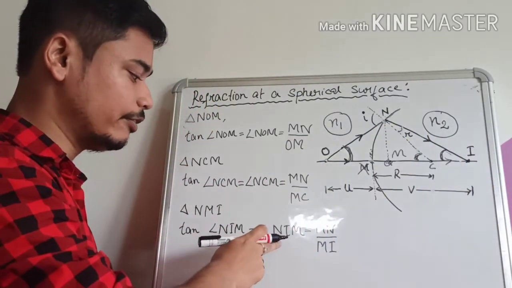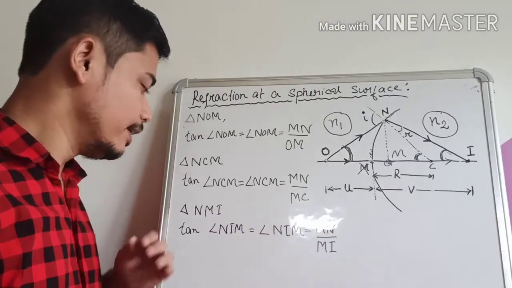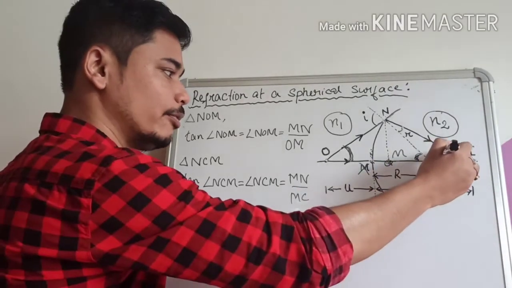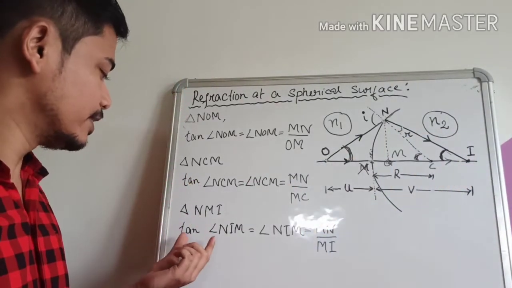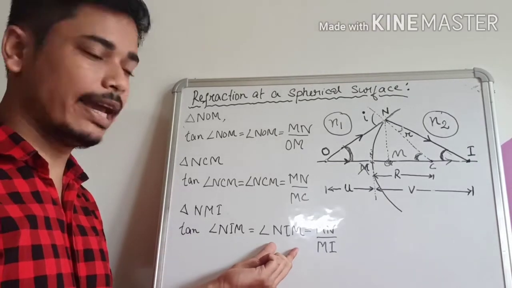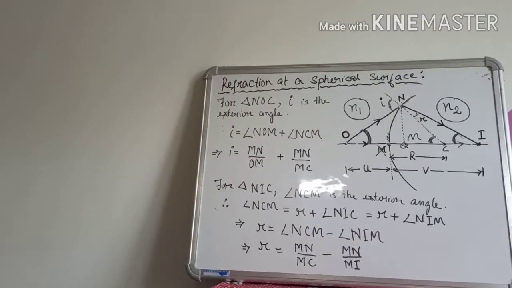Therefore, we get the value of angle NIM to be MN divided by MI. In this case also, we have considered this angle to be very small, so tan of angle NIM is approximately equal to angle NIM, which is nothing but MN divided by MI.